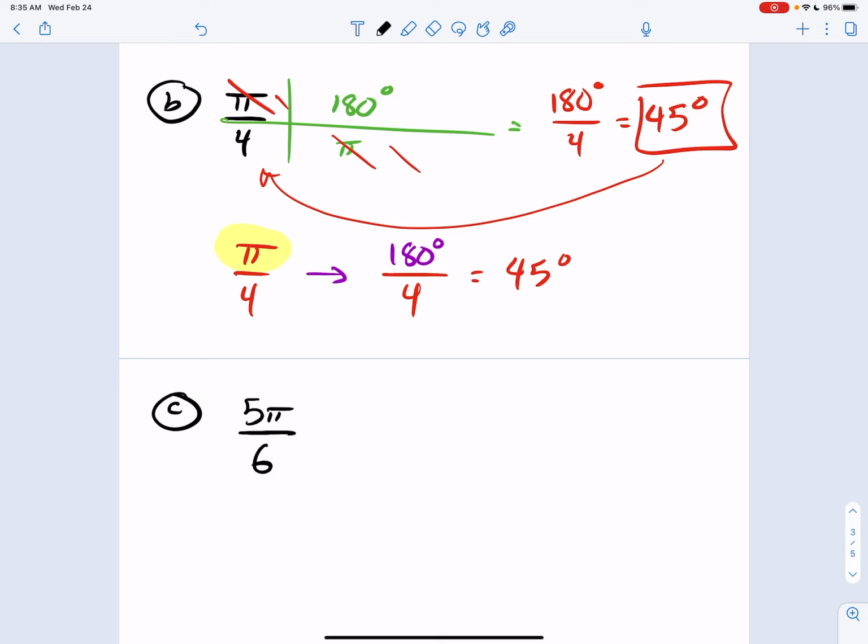And I'll let you go ahead and use whichever method you like, but make sure that you label it. If you use the first method, write first method, okay? If you use the second method, write second method. Press play when you're ready. Okay, so here, the second method I think is a lot easier. All I do is I replace the pi with a 180.